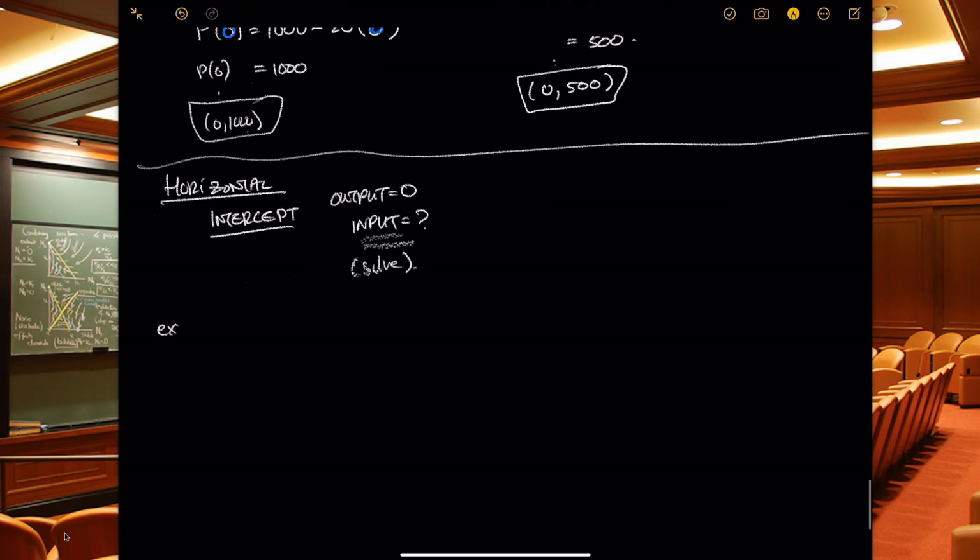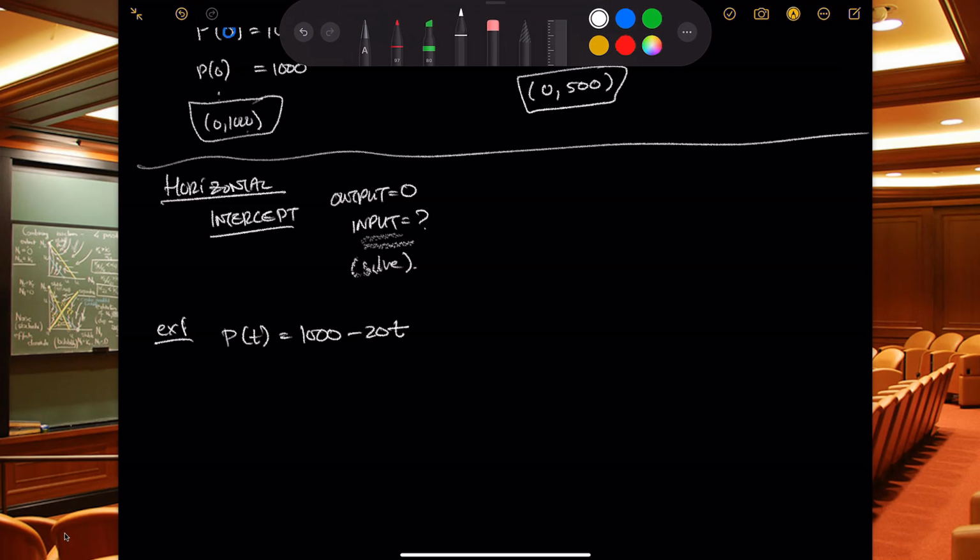So for example 1, again we had P of t was 1000 minus 20t. We said set the output equal to 0. P of t, this is the output. Set it equal to 0 and then solve for t.